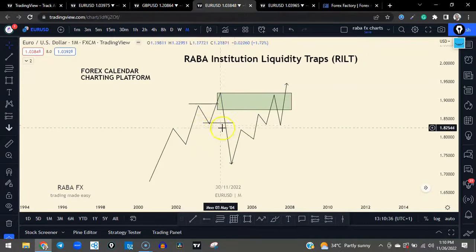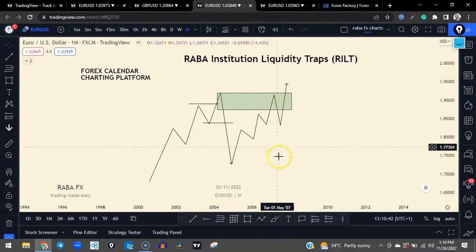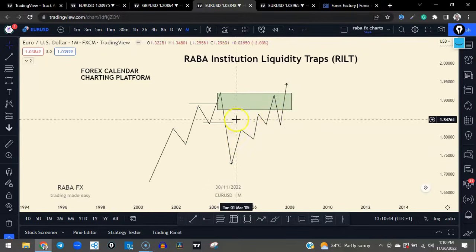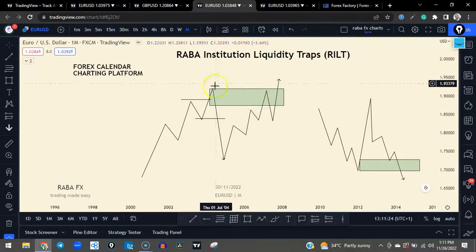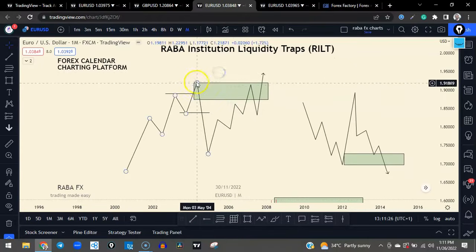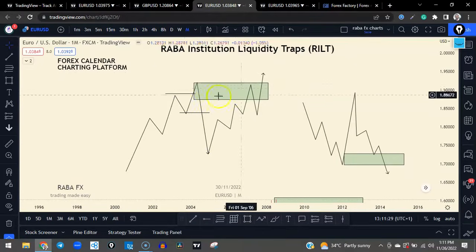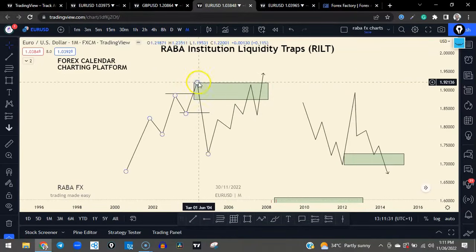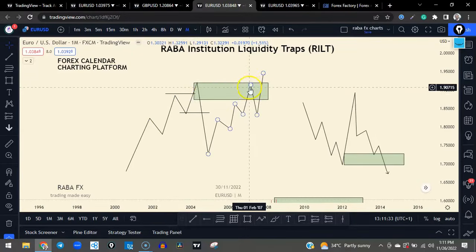It will lead to what? A break of structure, giving you the perfect scenario to start selling or buying from there. So now, what do you do in this case? Once you notice this, because I have seen with experience that level most times will be taken.